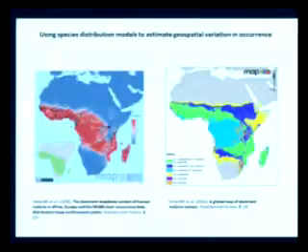And this method uses the values for environmental variables at locations where we know the vector is present, and environmental variables in background locations or absence locations to predict the probability of relative species occurrence in the locations where we don't have data.